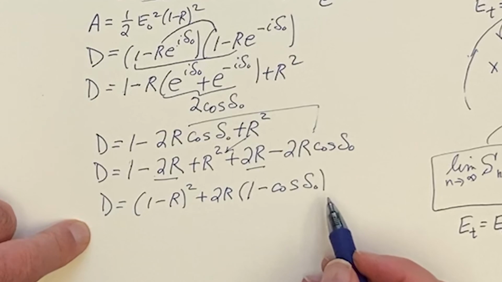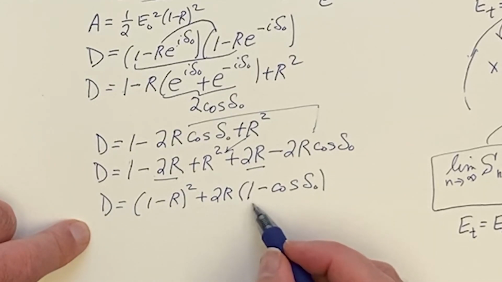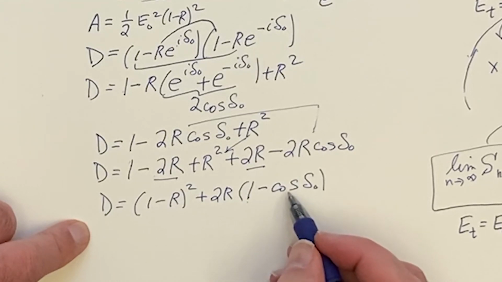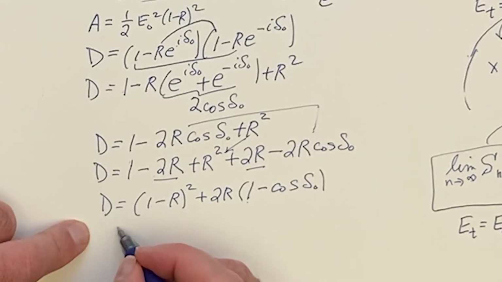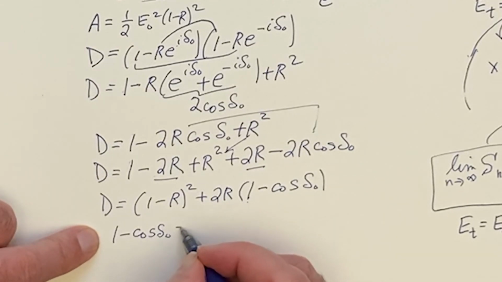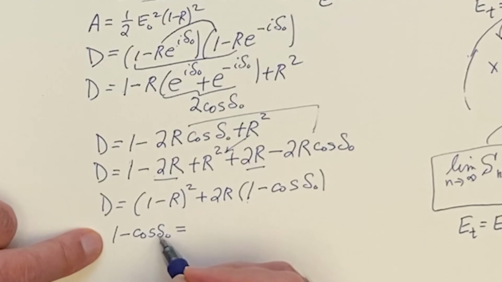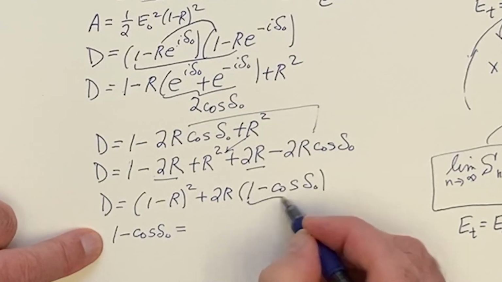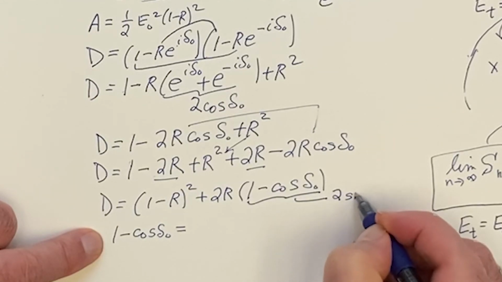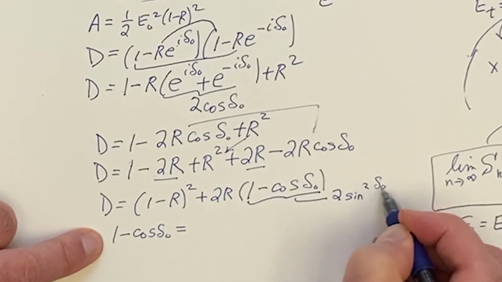Now at this point, most books will just go ahead and look up the trig identity to replace this. So I'm going to remind you of what that is and review for you a little bit of the Euler manipulation. I'm going to show you that this is 2 sine squared delta over 2.